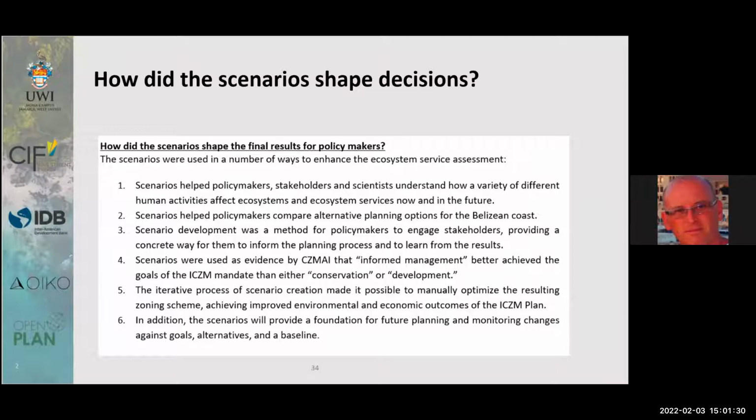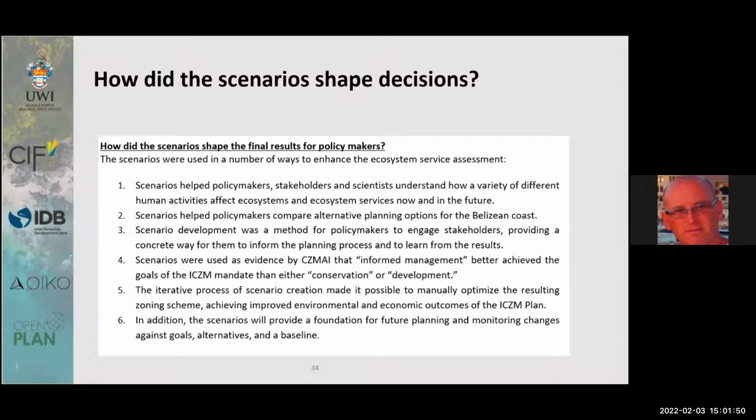From the Belize perspective, the selection was to go down an informed management approach. I'm not here to talk about what that physically means, but it's basically improving the current situation in a more sustained manner.